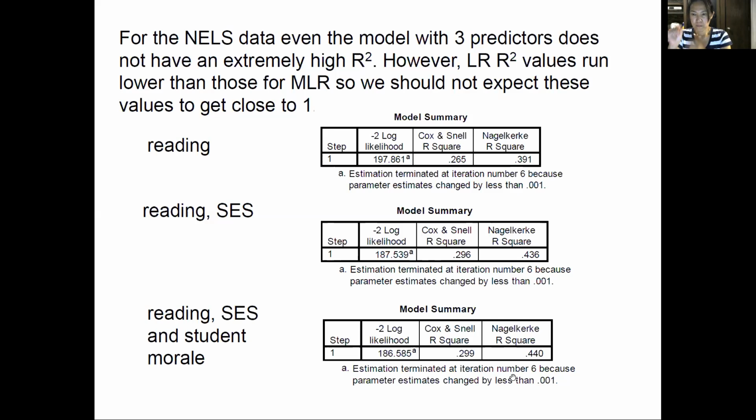But if the change is not that much, then you shouldn't add more x variables. The R-square should increase substantially whenever you add a new x variable. Otherwise, you shouldn't add a new x variable if they do not improve the model dramatically.